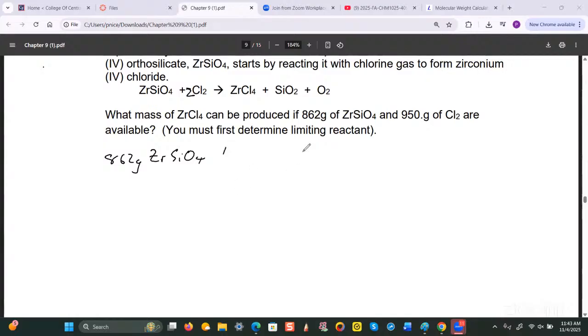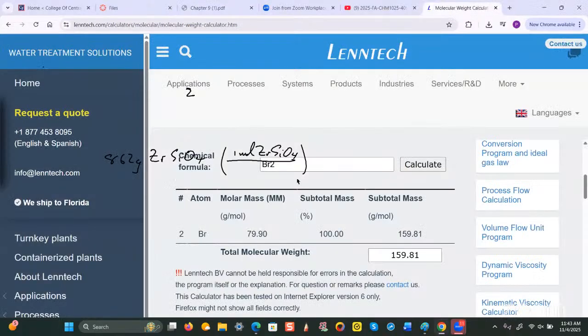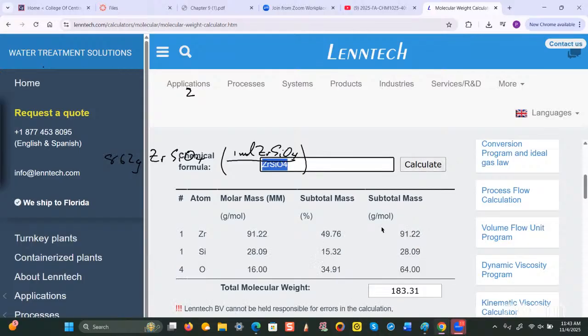Okay, so the first step would be to convert to moles, right? So we're gonna have 1 mole of that compound. And down here, the molar mass. So again, I'm going to determine the molar mass of CrSiO4 and calculate. And I got 183.31.